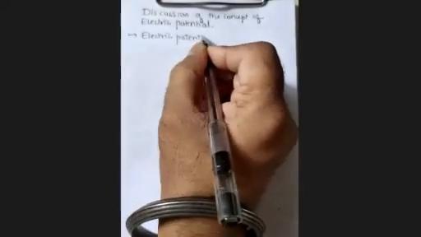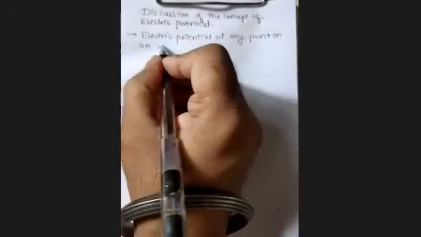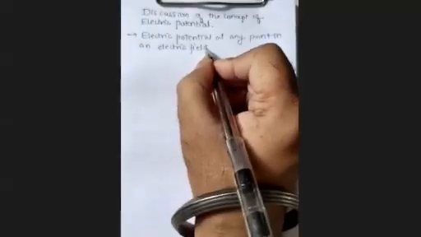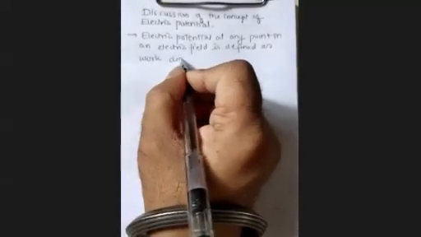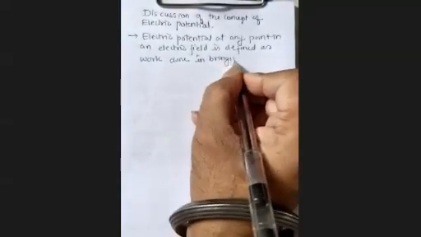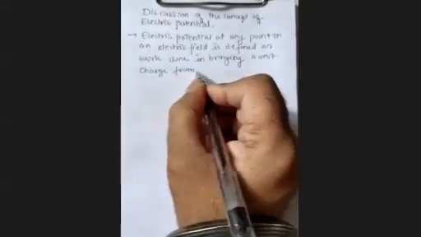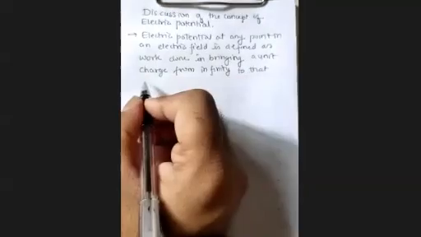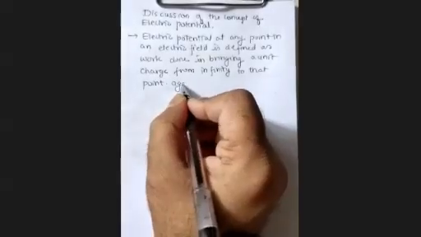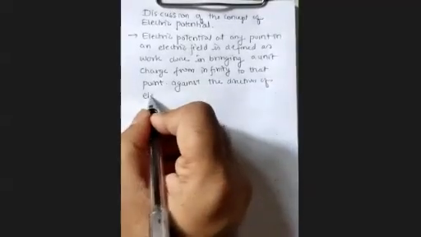Electric potential at any point in an electric field is defined as the work done in bringing a unit charge from infinity to that given point against the direction of electric field intensity.